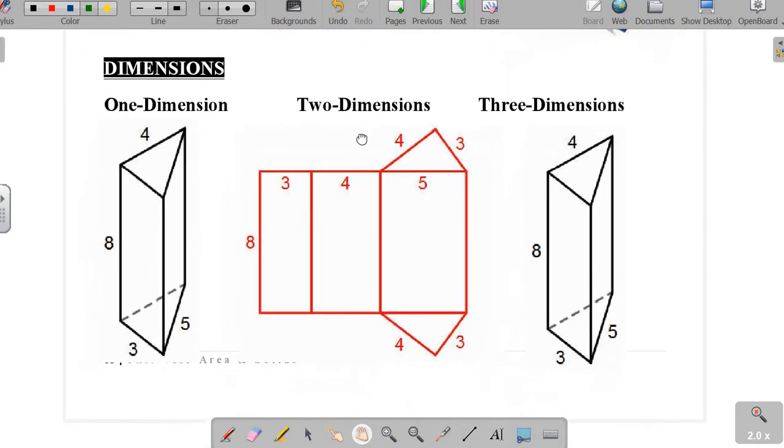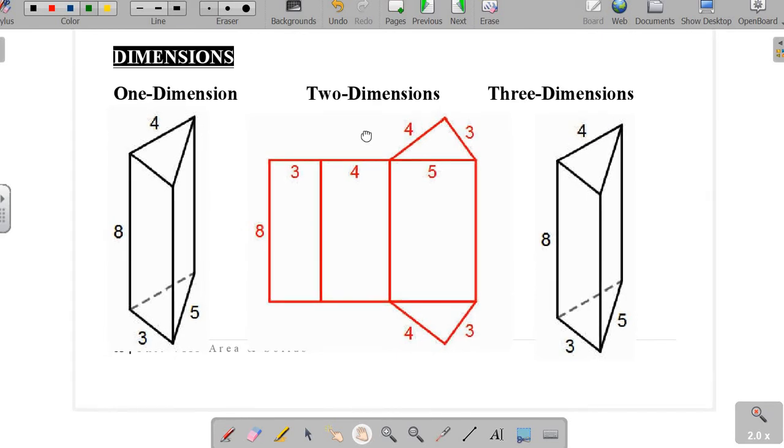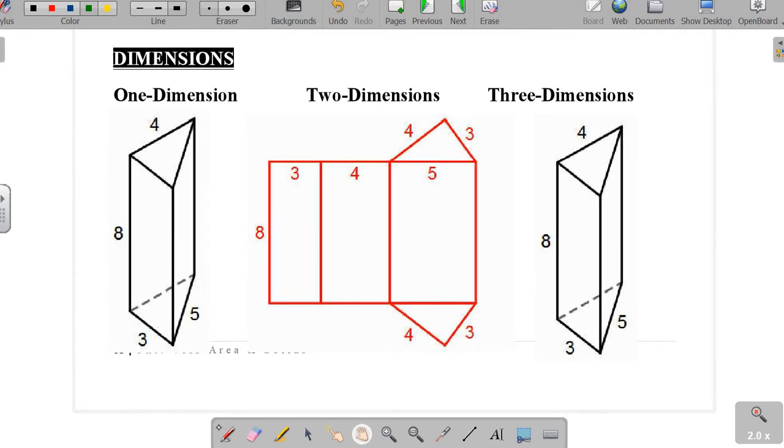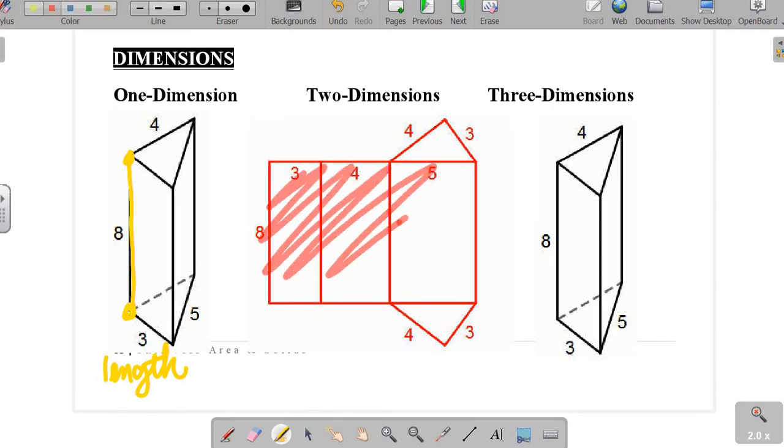Just as a recap, one dimension is strictly length. So this edge right here, if I were to measure that edge, that is one dimension because it's just length. 2 dimensions would be as if this object has wrapping paper and you unfold the wrapping paper and you find the area.